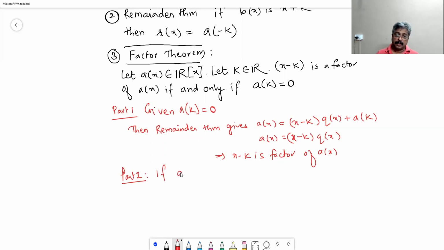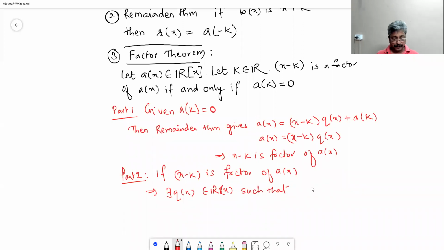Part 2. If x minus k is a factor of a of x, that means there exists q of x belonging to R of x. By division algorithm, there exists unique q of x belonging to R of x such that a of x is equal to x minus k into q of x.